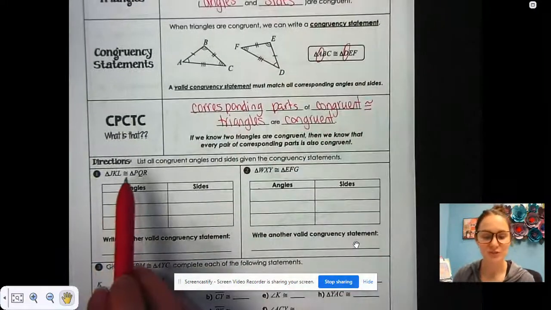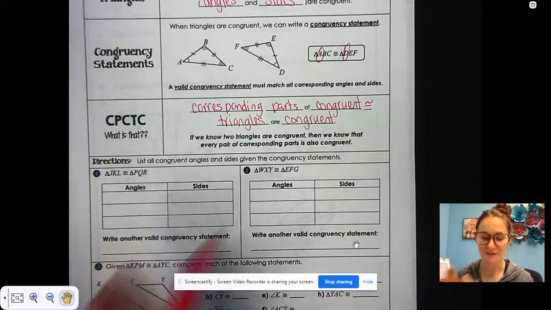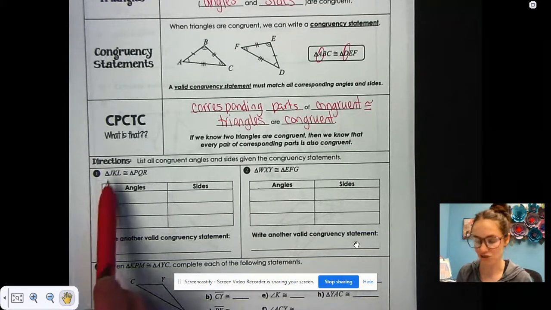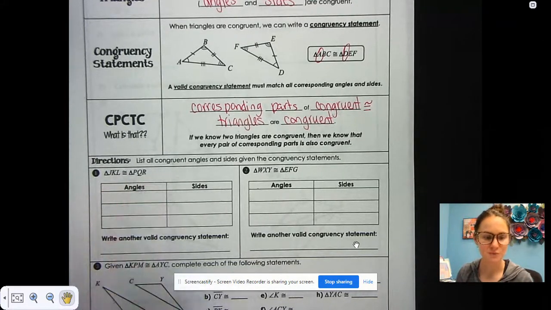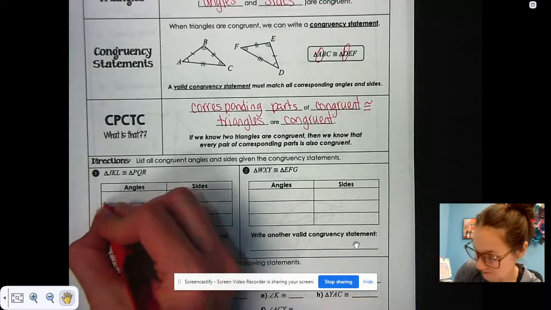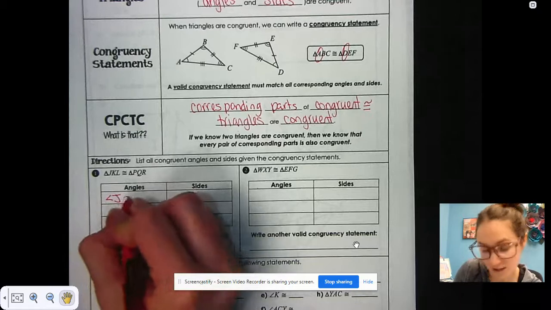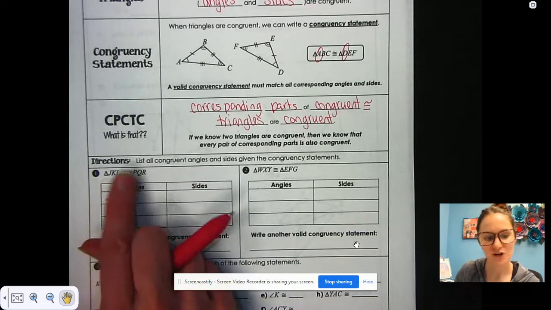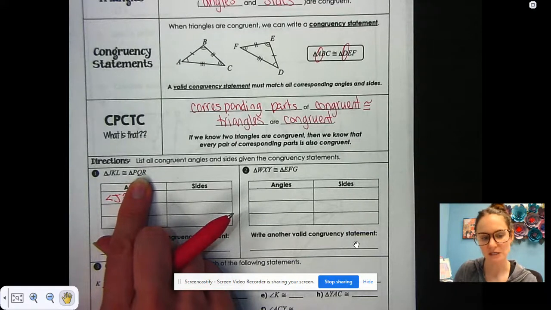We can use the congruency statement to help us figure out what aligns with each one. We can think of this as triangle 1, triangle 2. Let's look at this. Angle J is congruent to, notice J is my first letter here. What's the first letter on this triangle here?